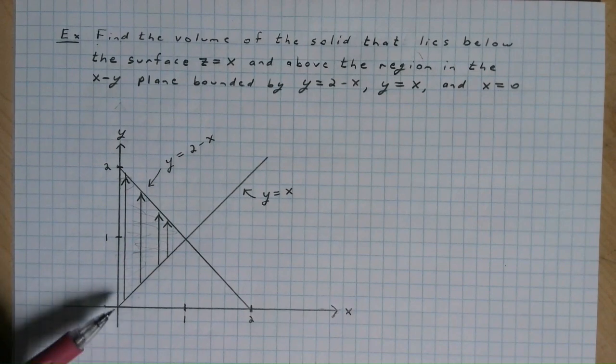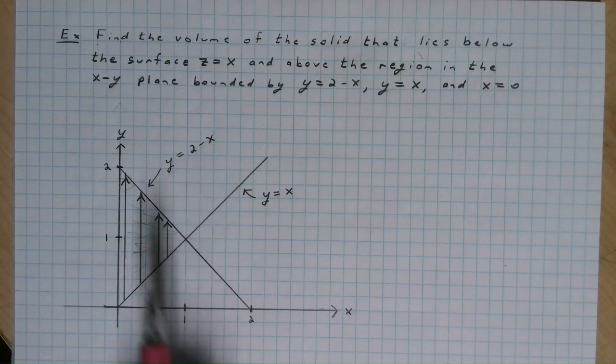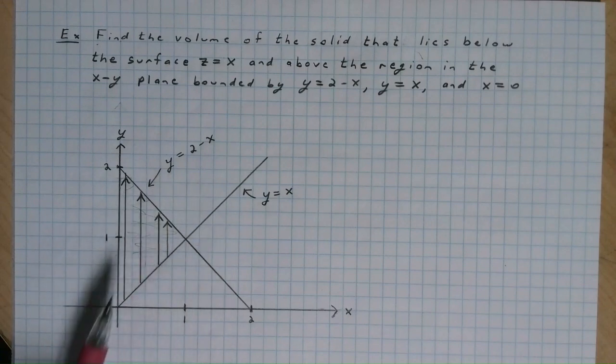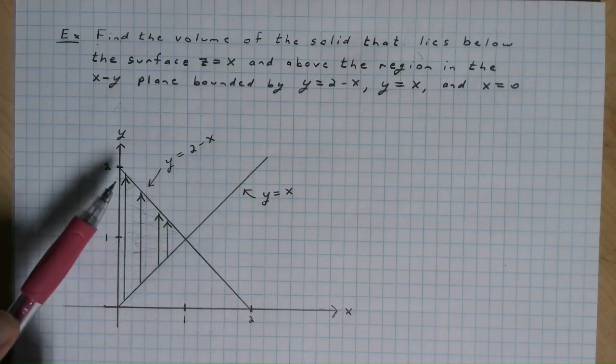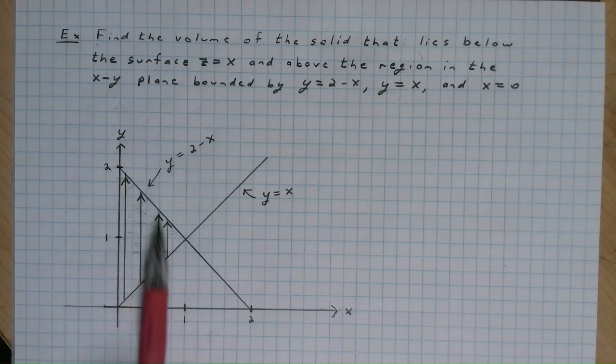Notice I put the arrows within our region. You can put as many as you want, just enough to get an idea what's going on. Put your arrows in the region in the positive y direction. In other words, they're starting down here and pointing in the positive y direction.